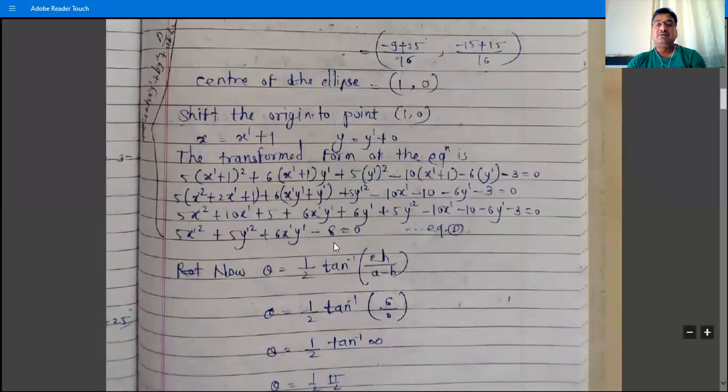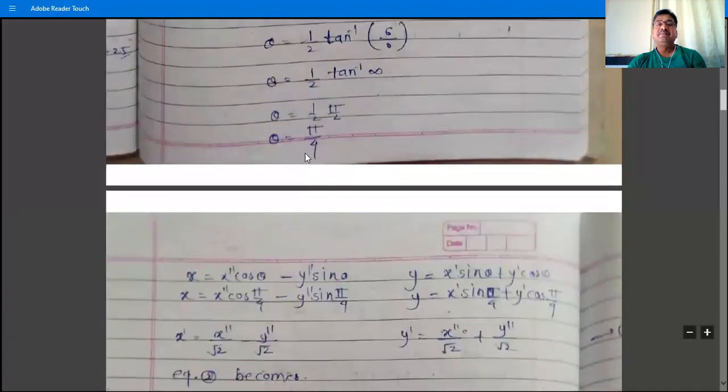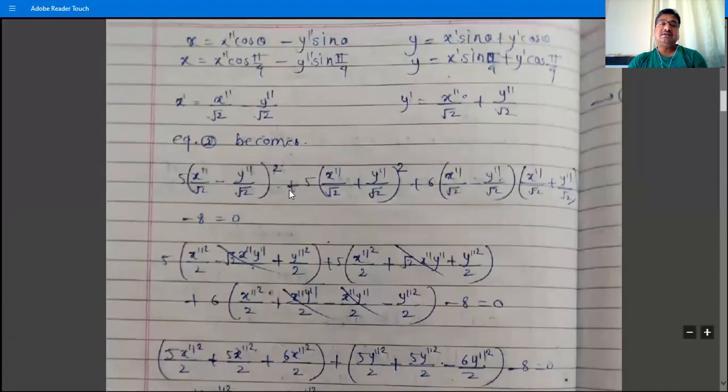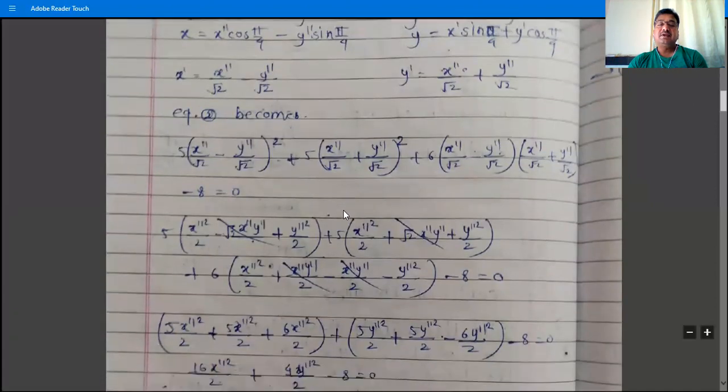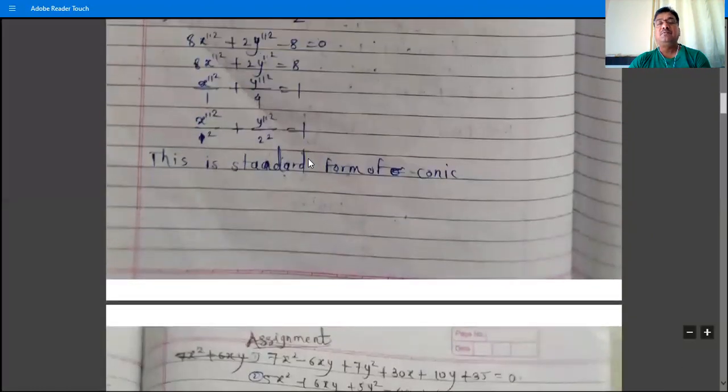Find equation number 2, which is free from the linear terms x and y. And then find theta by using this formula, 1/2 tan inverse 2h divided by a minus b, and rotate the axis, that is, find the transformed form. And we have the standard form from the general form.